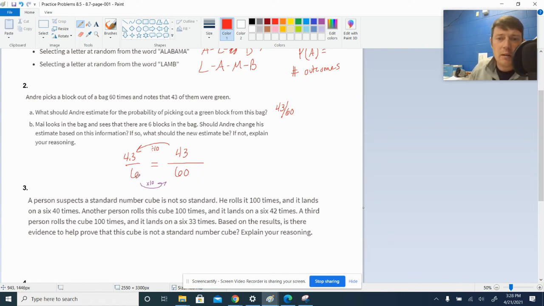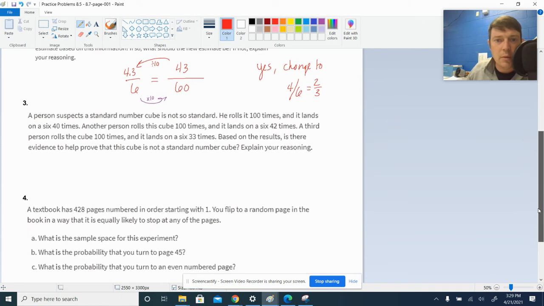I would almost guarantee, looking at these results, that 4 of those 6 blocks are green. So I would change it to 4 out of 6, or 2/3, because it just seems like that's what's happening there. 43 out of 60 is not going to come out to an out of 6 type of relationship, right? So 2/3 is what I would go with there.